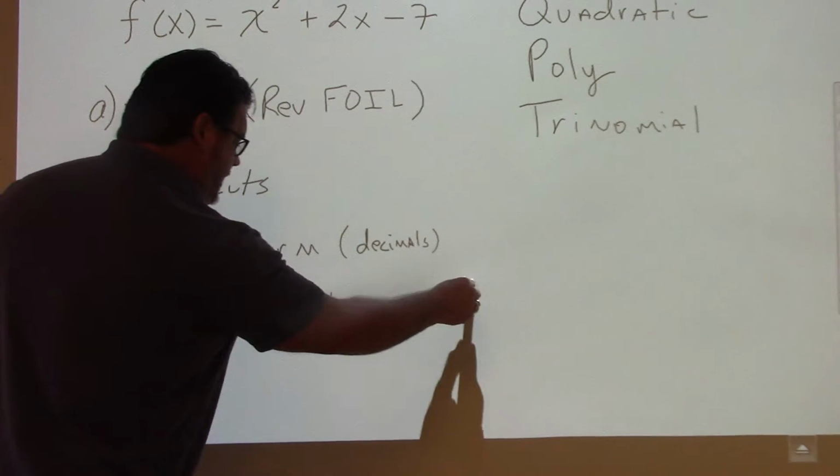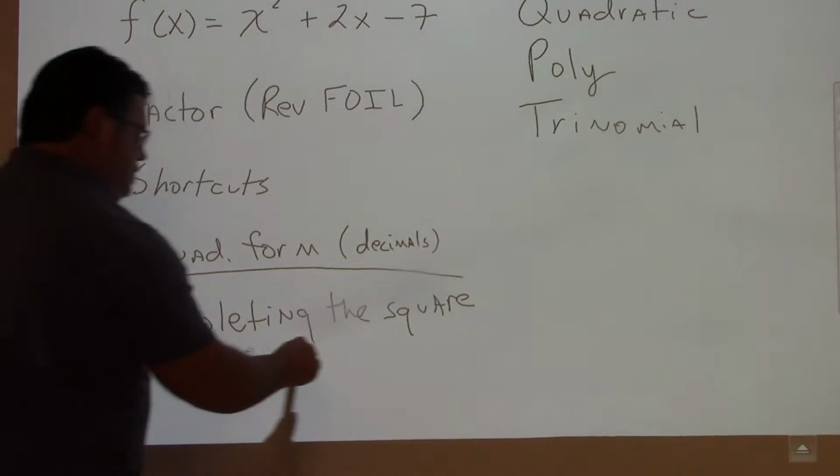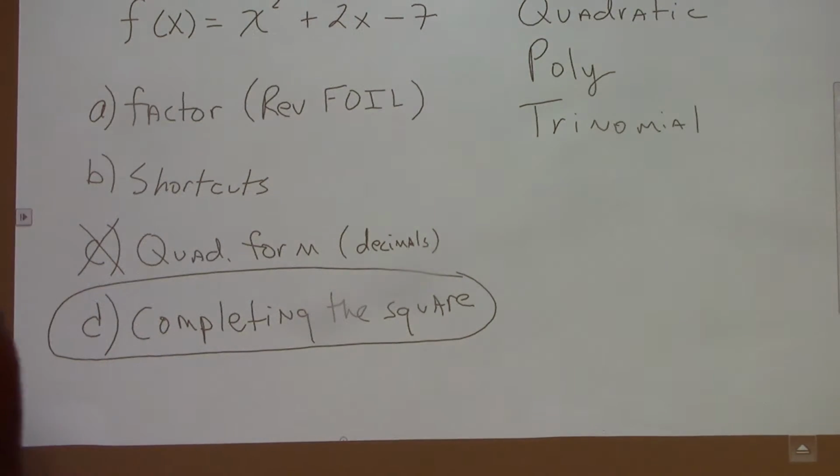Now, let me talk about completing the square a little bit. Number one, it is the least known by students. Why? Because they don't teach it. Why did they not teach it? Because it relies on your what? I was just going to say they teach the quadratic formula. Why? If I want to take a guess?